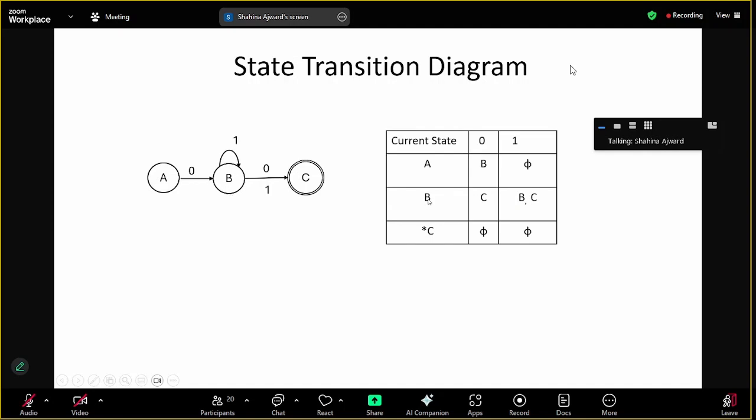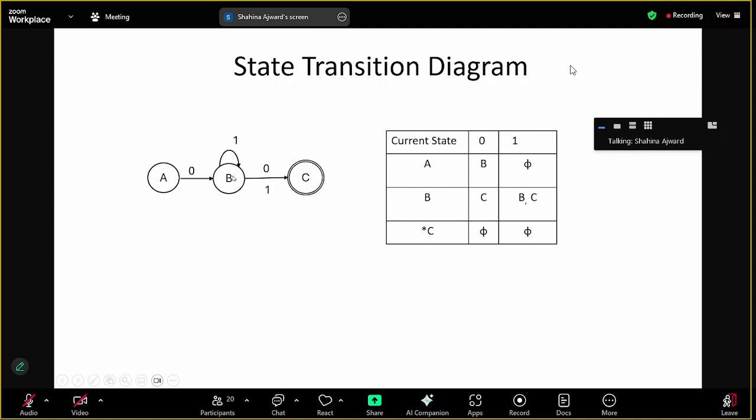So when the state is B, in the second row, for the input symbol 0, it goes to C, right? For input symbol 1, it stays on B or it moves to C, right?